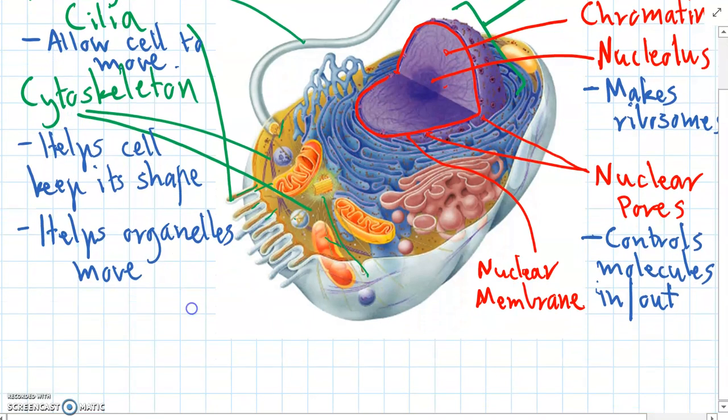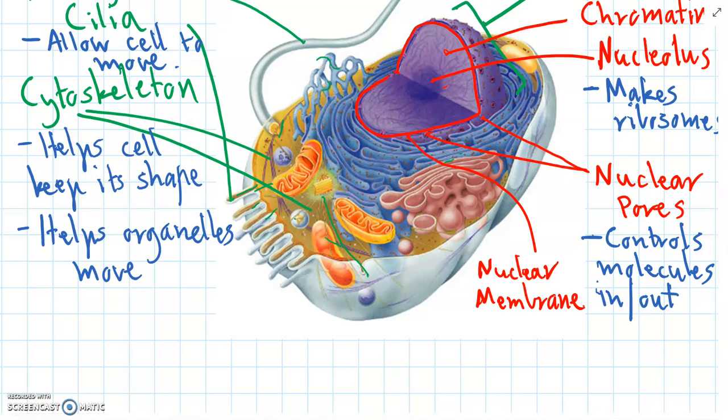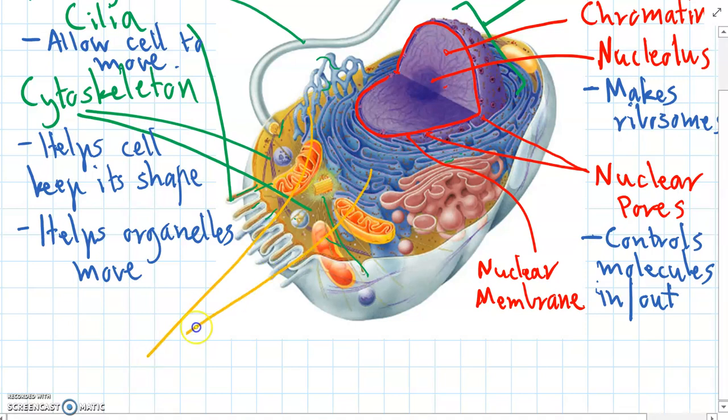The next two organelles are part of a really complicated membrane system that you can find in cells, and it's this dark blue area in the middle and the blue on the side. So these two organelles together are called the endoplasmic reticulum.